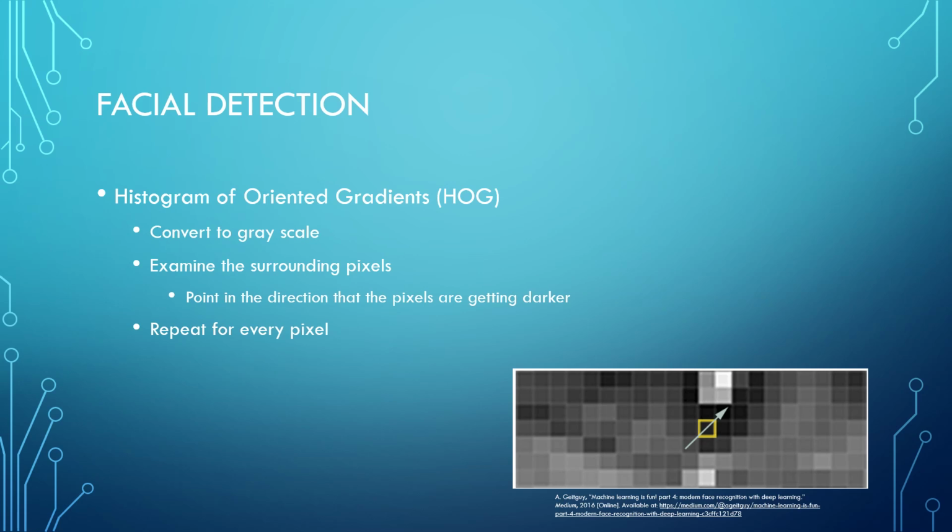So in order to create the histogram of oriented gradients, you examine a given pixel, and then you look at its cardinal neighbors and determine in which direction the pixels are getting darker, and that is your gradient for that pixel. Now you have to repeat this process for every pixel in the entire image.